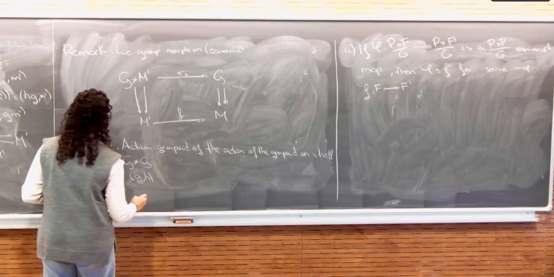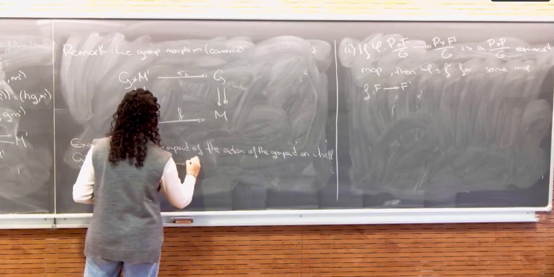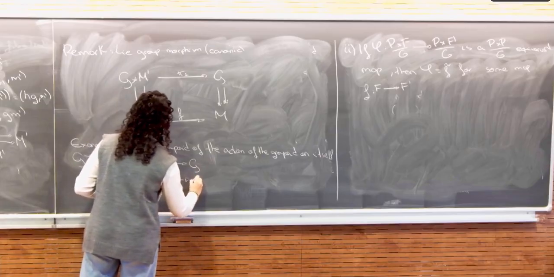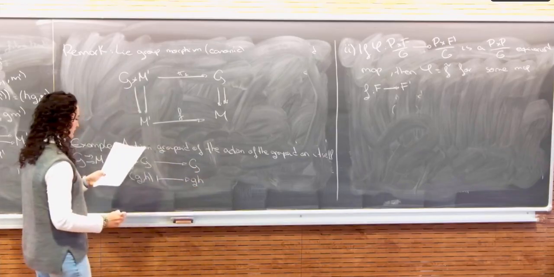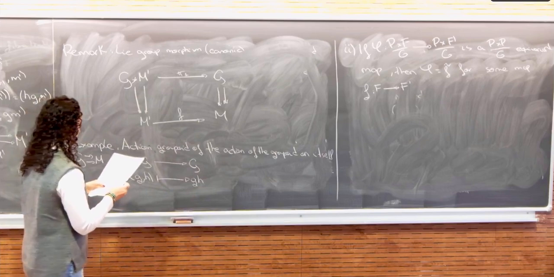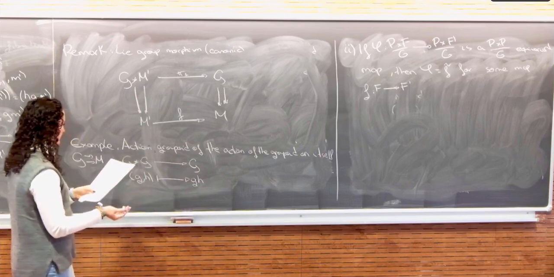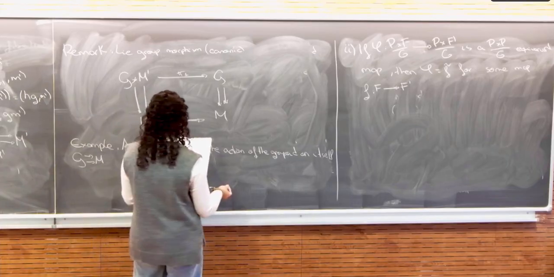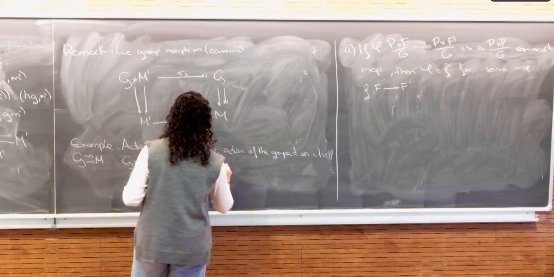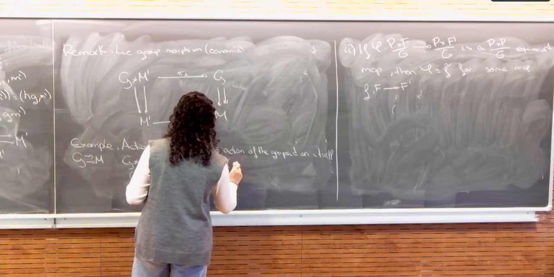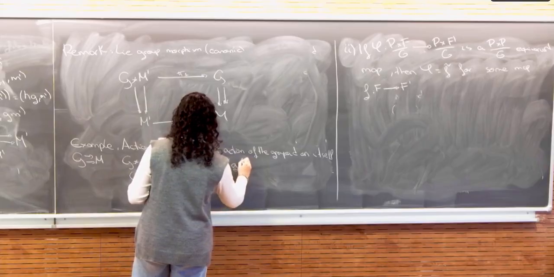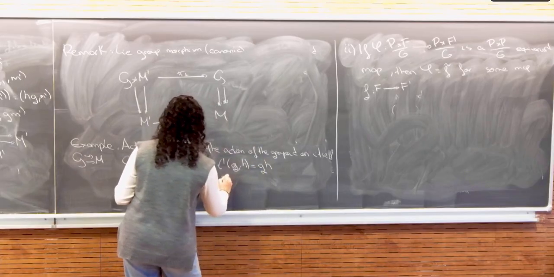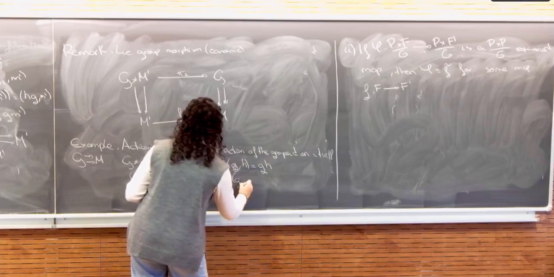So we have this action, and if we define the action groupoid of this action, then the target is this one, and the source is this one.